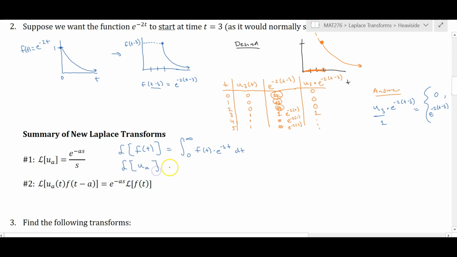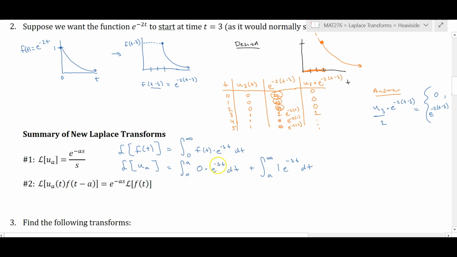So if I take the Laplace transform of u sub a, remember u sub a will be 0 from time 0 up until time a. So the f of t value will be a 0 between time 0 and time a. Well, that's an easy integral to take. But then from time a to time infinity, it's going to be an output of 1.